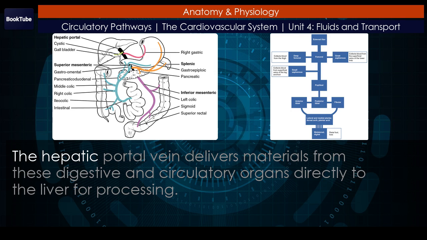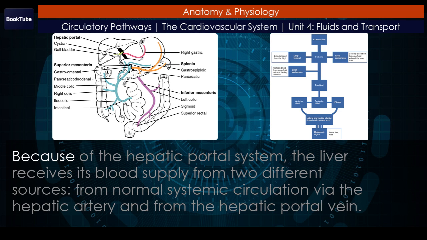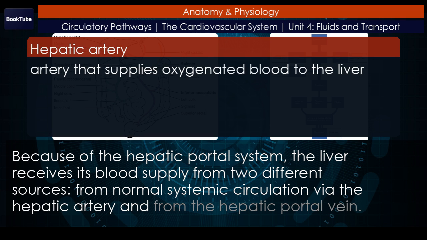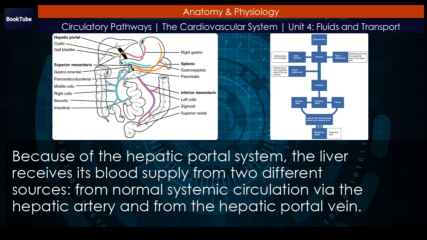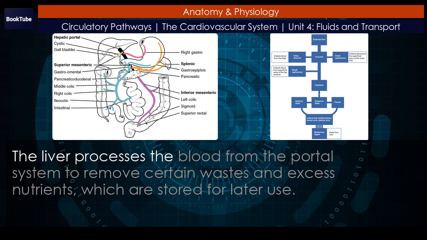The hepatic portal vein delivers materials from these digestive and circulatory organs directly to the liver for processing. Because of the hepatic portal system, the liver receives its blood supply from two different sources: from normal systemic circulation via the hepatic artery and from the hepatic portal vein. The liver processes the blood from the portal system to remove certain wastes and excess nutrients, which are stored for later use.